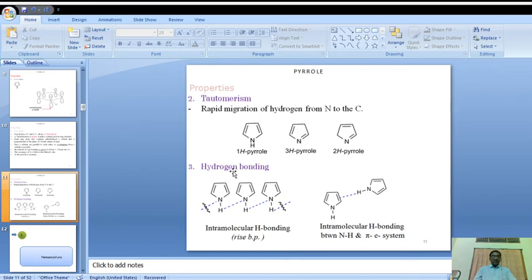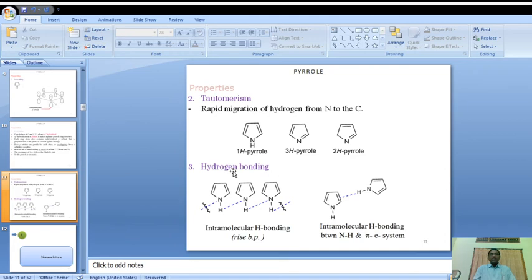These are the possible contributing tautomeric structures of pyrrole. Is it clear, all of you? Is there any doubt? Okay.